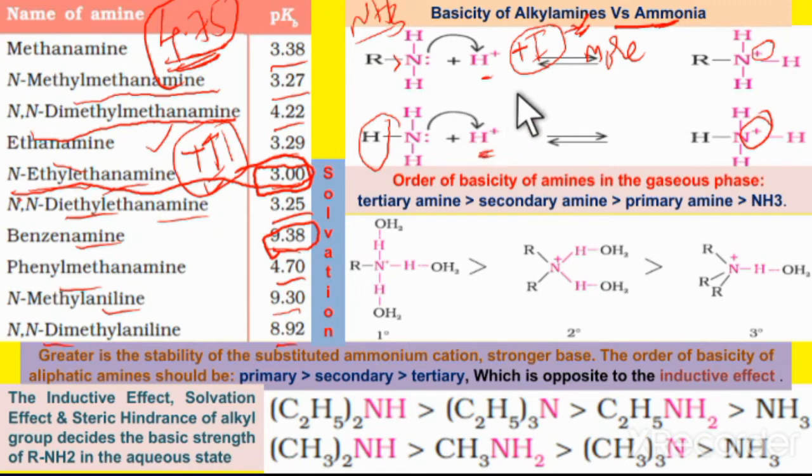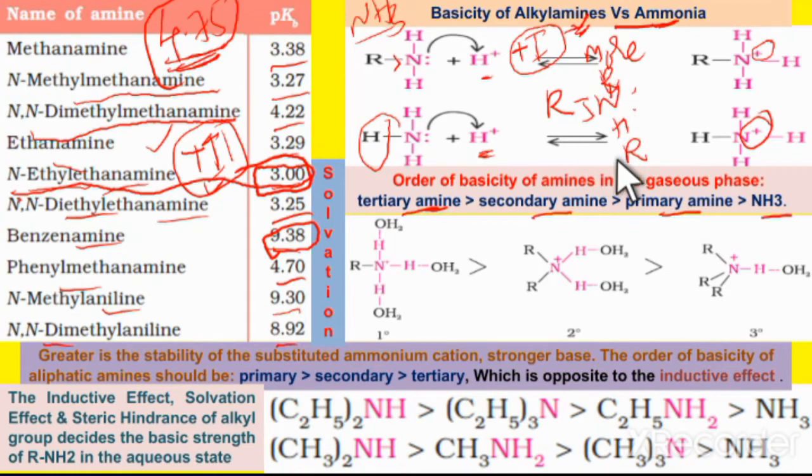In addition, for alkylamines in the gaseous state, the basic nature varies. The tertiary alkylamine has more basic nature than secondary alkylamines, than primary alkylamines, than ammonia, because the tertiary alkylamine has three alkyl groups donating towards the nitrogen.